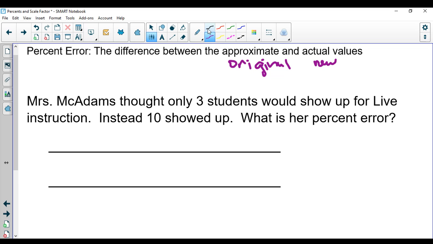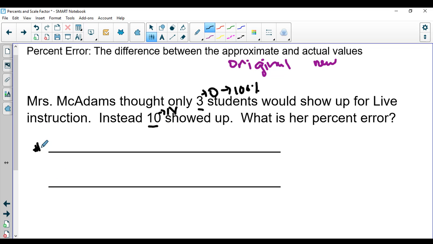So let's look at an example and see how we would solve this type of problem. Mrs. McAdams thought only 3 students would show up for the live instruction. Instead, 10 showed up. What is our percent error? So 3 represents my original, which is also my 100%. 10 is my new value, and we don't know the percent for that yet.